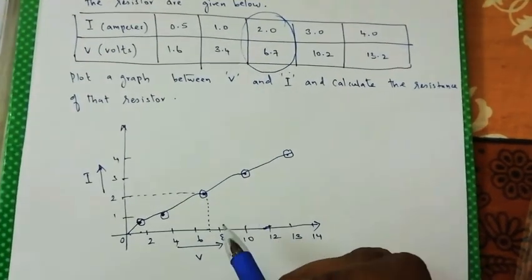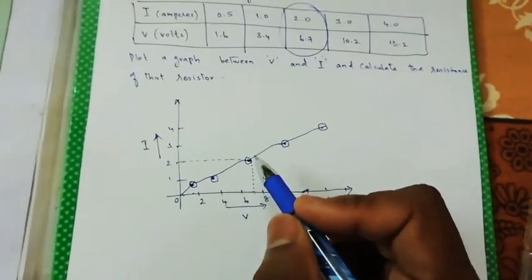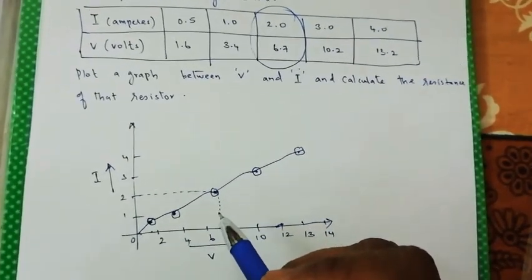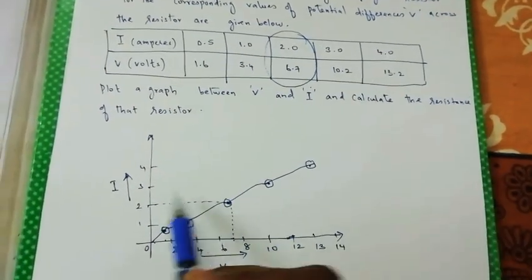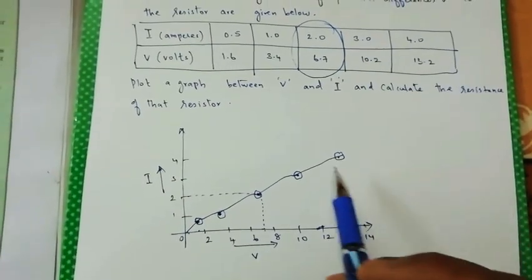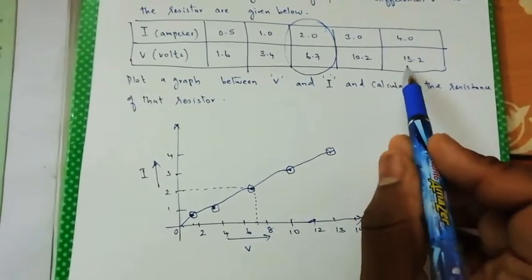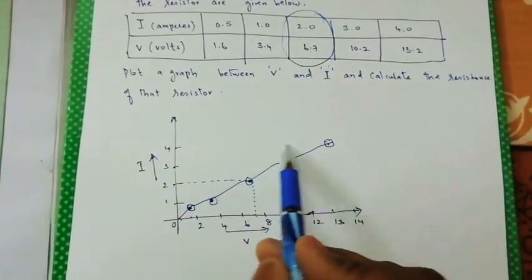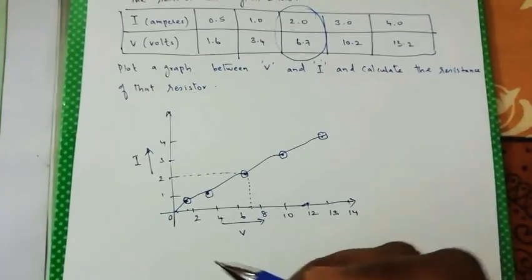Clear? For 6.7 it's 2. So this is what we need for the resistance of the resistor. I'm going to take only this point. Even if you want to take this also, that means 13.2, you can take, that's not a problem. So assume any one of these points.